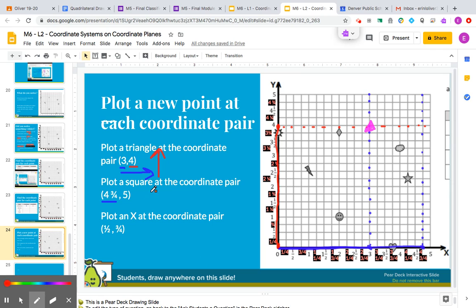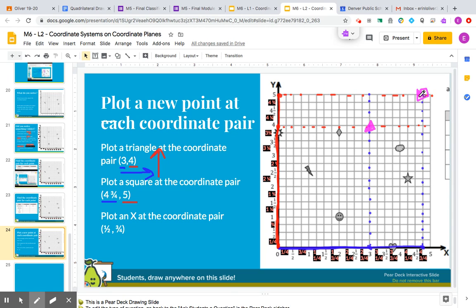And now I am going up 5. So find our y, go up my origin, all the way up the y-axis until I hit y 5. And then draw my line and see where they intersect. And they meet right here. So there I'm going to draw my square.